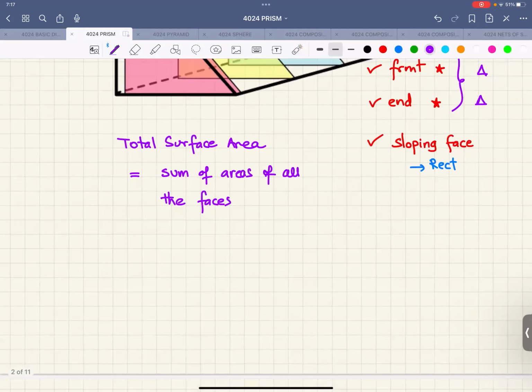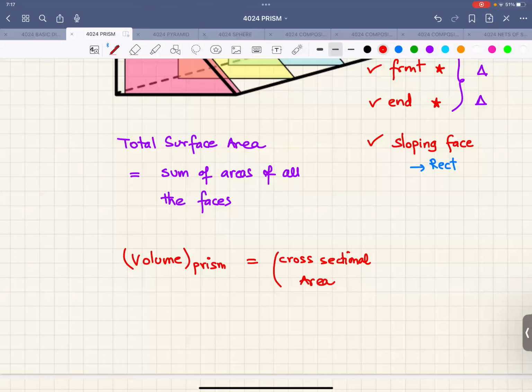Now, if I talk about the volume of any prism, the formula is straightforward. That is cross-sectional area multiplying with the height or multiplying with the length. So cross-sectional area, we multiply it with the length or the height.